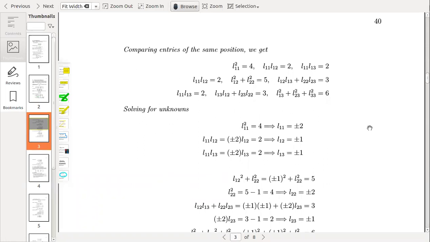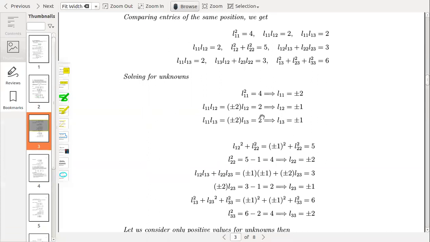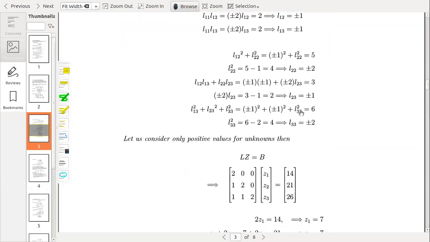In this question, we have just taken the positive entries. For example, L11 square is equal to 4, so L11 is equal to plus minus 2. But we take L11 equal to 2. You can also take L11 equal to minus 2 and you will obtain more than one solution. But for the sake of simplicity, to explain this example, we have just taken L11 equal to 2.